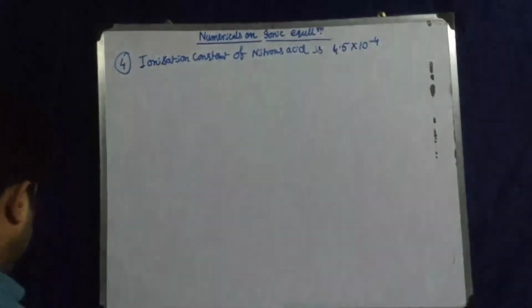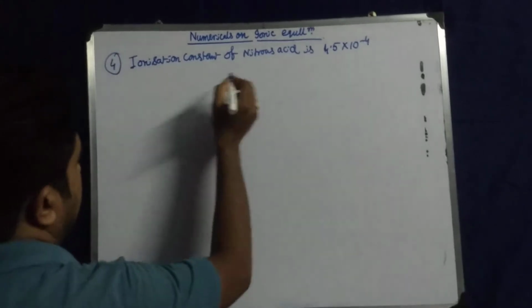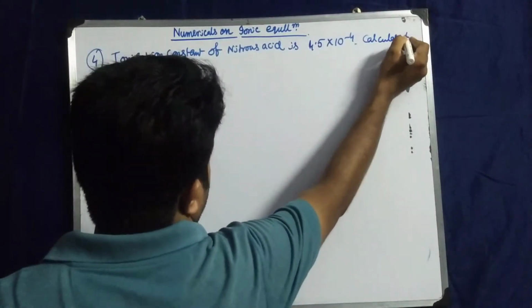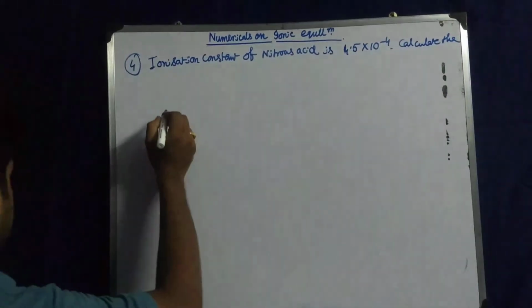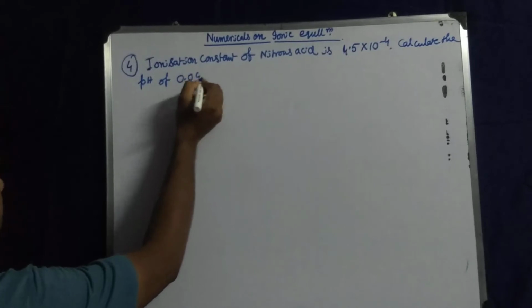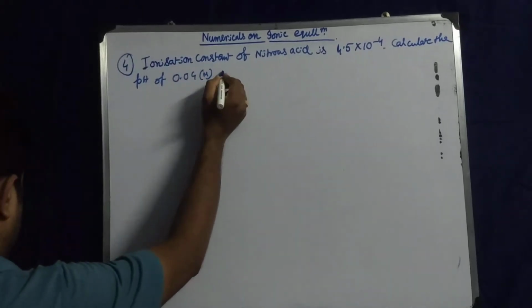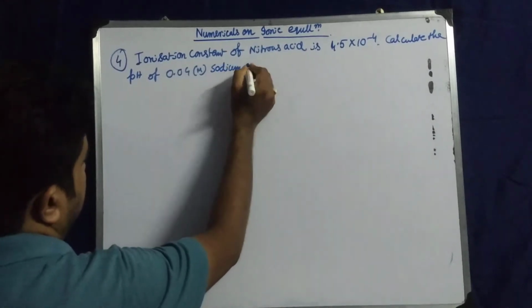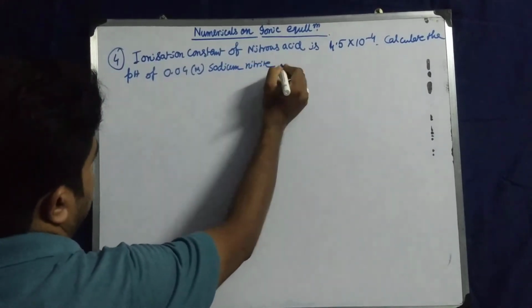You know that? Then it is given that calculate the pH of 0.04 molar sodium nitrite solution.